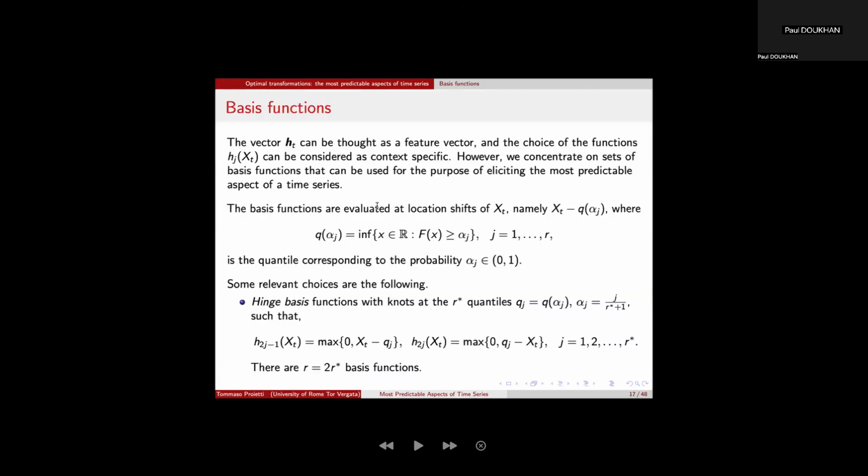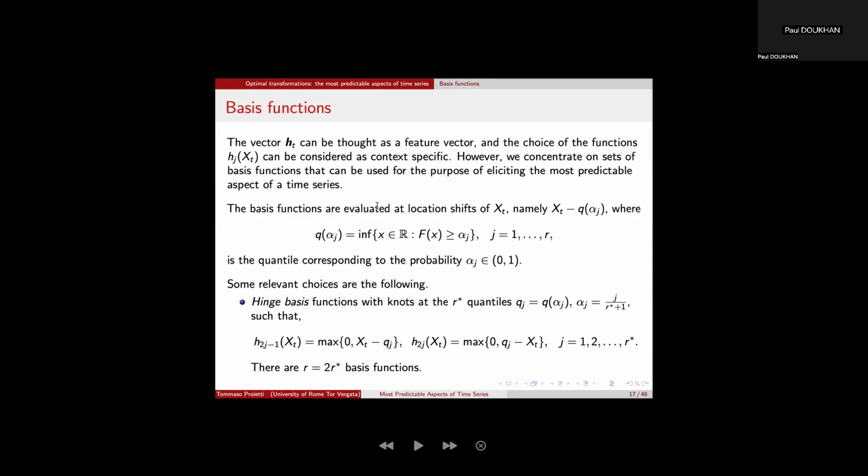So we start with the basis functions. What kind of basis functions? You could think of HT as relatively free. This is a feature vector. You could look at a feature that you would like to measure. But my preference goes for two sets of basis functions.